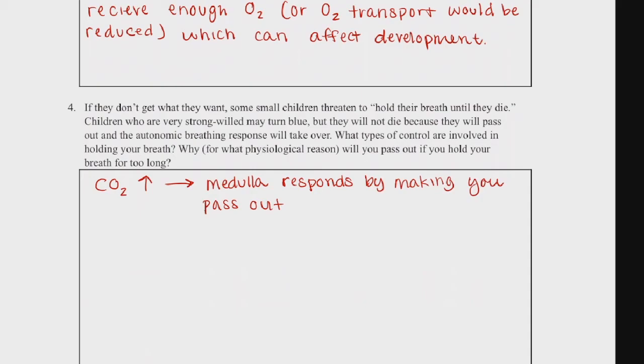And because you're passed out, then the medulla can regain that involuntary control of the rate of breathing and then restore it.